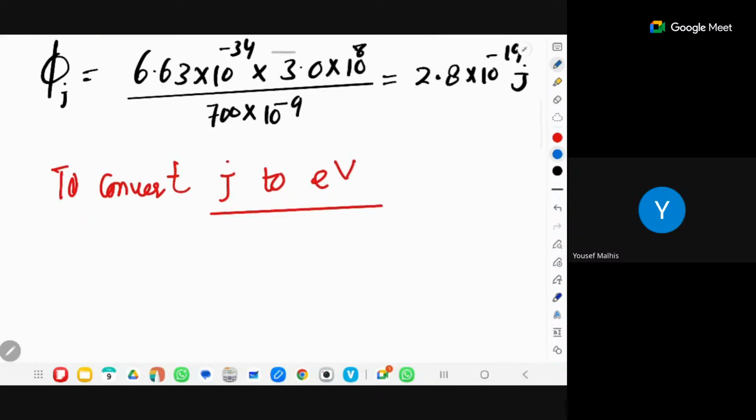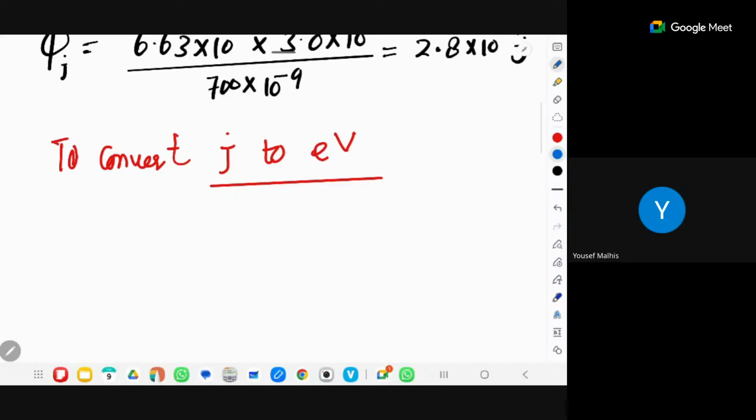Divide the value of joule by the charge. 1 electron volt is equal to 1.6 into 10 raised to the power minus 19 joules.